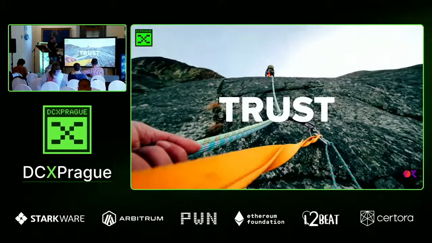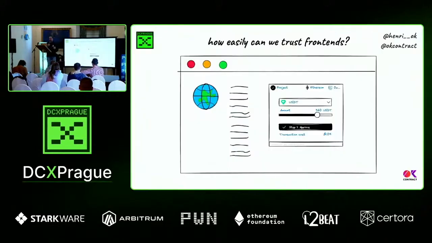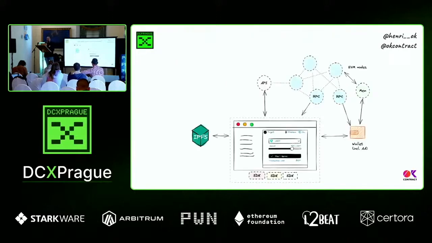So the key issue is trust. When we see a front-end, and we know this is an alternative front-end, how can we trust this as a user? If it's not the original project, how do we know that this front-end is safe to use?